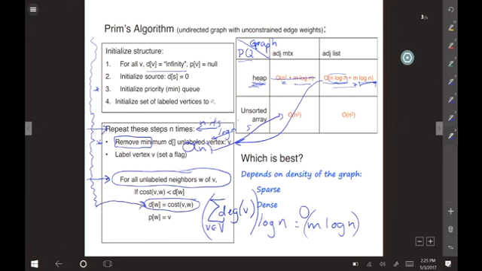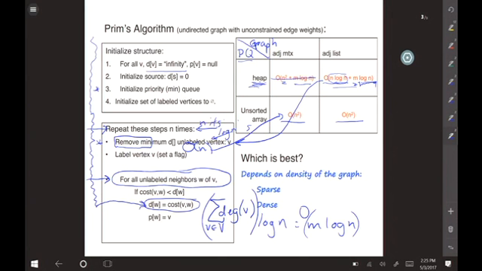Now, are you worried about this update? No, because for an unsorted array, this is constant time. So the total here is big O of m, and m is bounded above by n squared anyway. So that argument applies in both cases here.